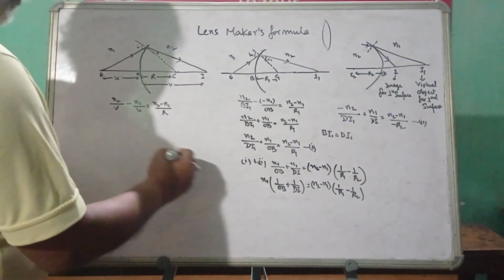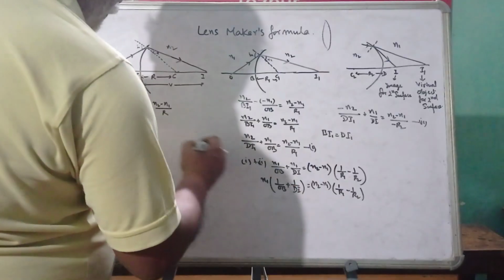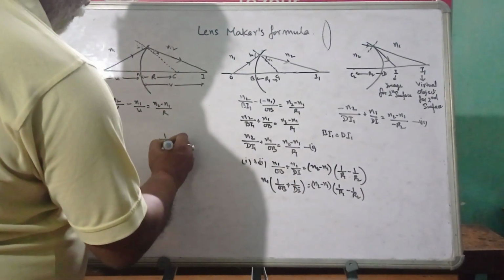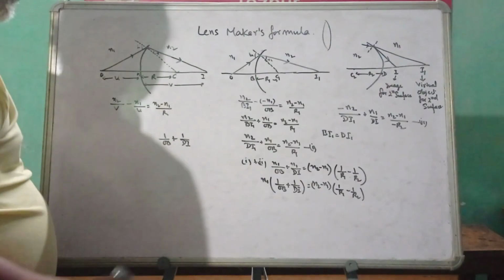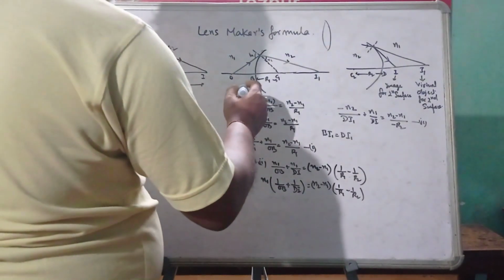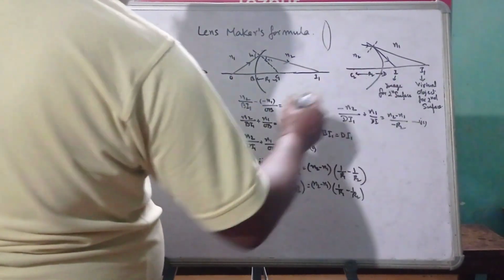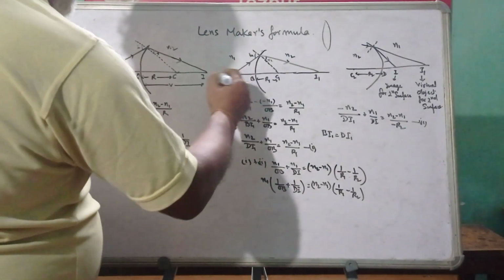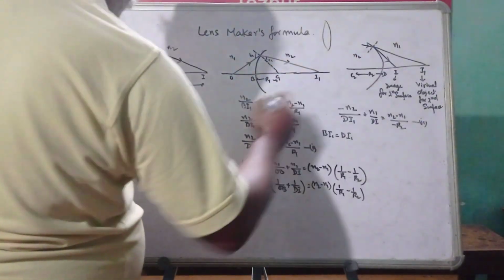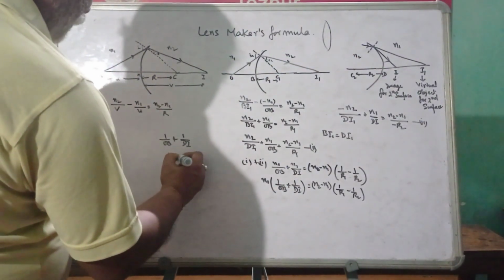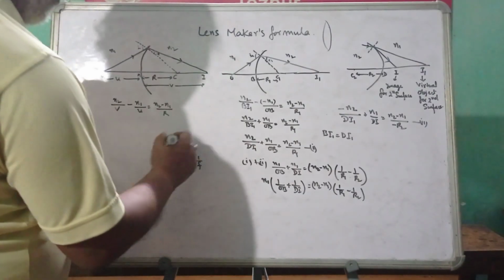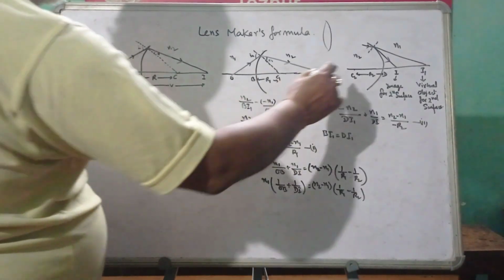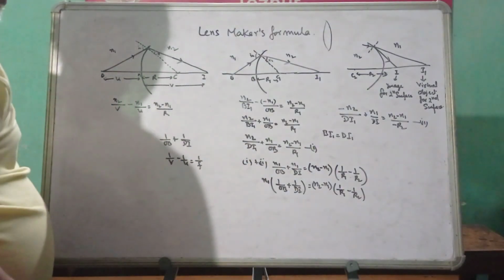Here 1 by OB plus 1 by DI is like 1 by V minus 1 by U, which is equal to 1 by F. OB is the negative object distance, V is positive, and we get 1 by F.